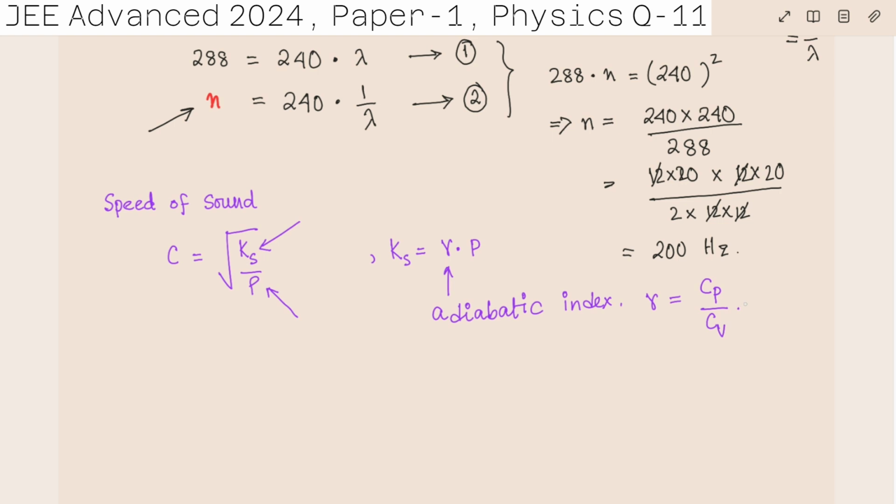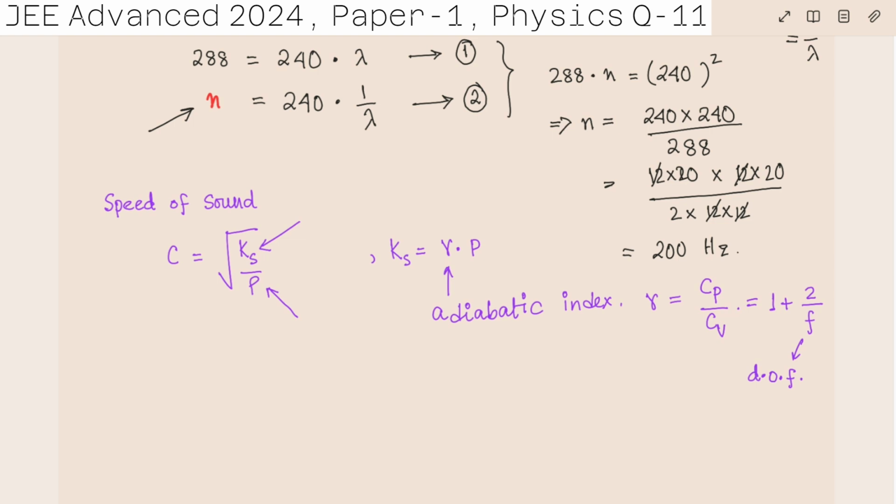In thermodynamics, what we learned is that this quantity is determined through 1 over 2 by f, where f is not the earlier frequency. f is basically the degrees of freedom, right?